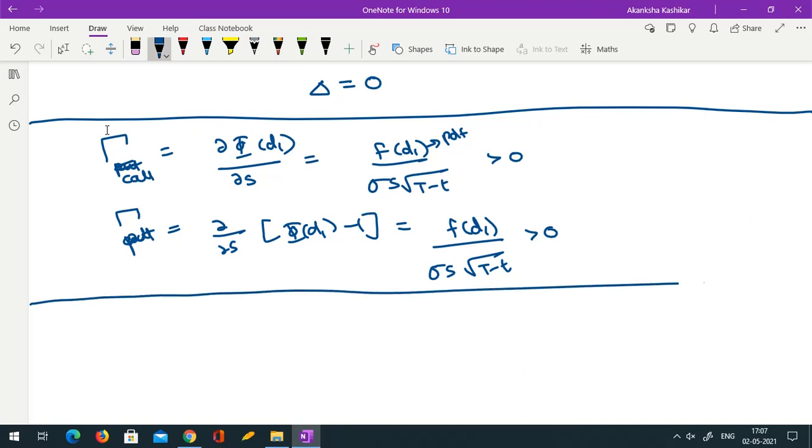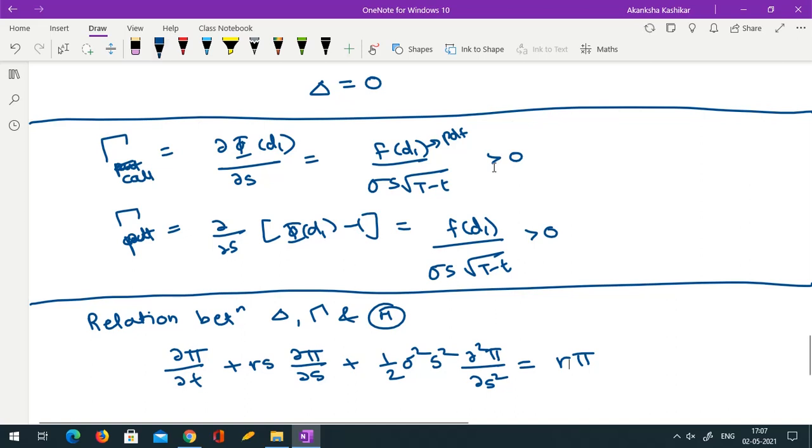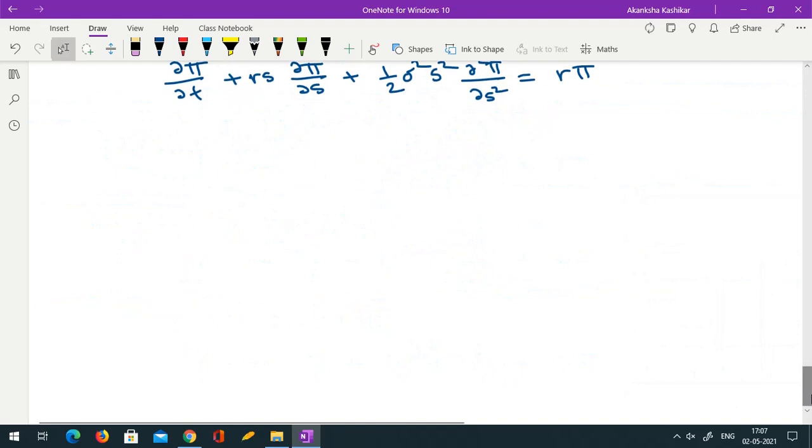Using the Black-Scholes-Merton differential equation, we can try to derive the relationship between delta, gamma and theta. So we have ∂Π/∂t plus rs ∂Π/∂s plus half sigma squared s squared ∂²Π/∂s² is equal to r Π, where f is replaced by Π.